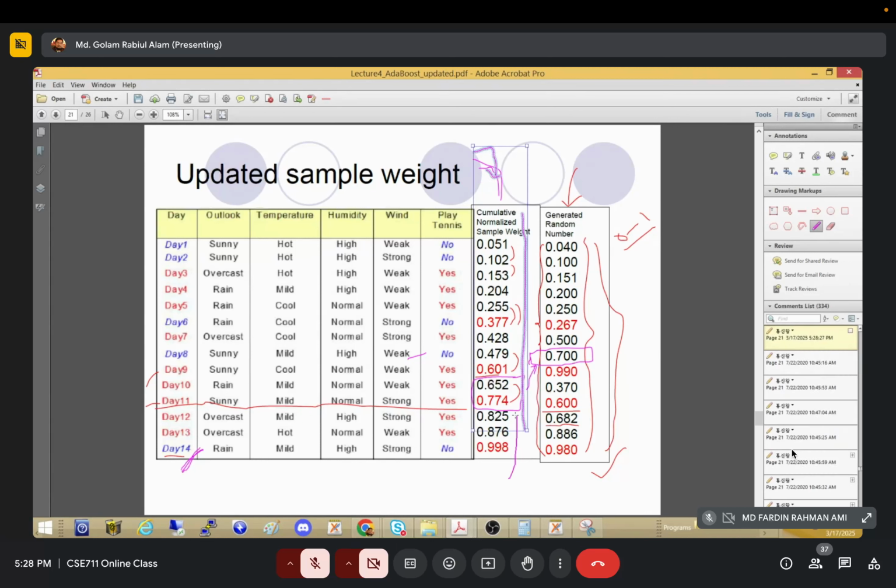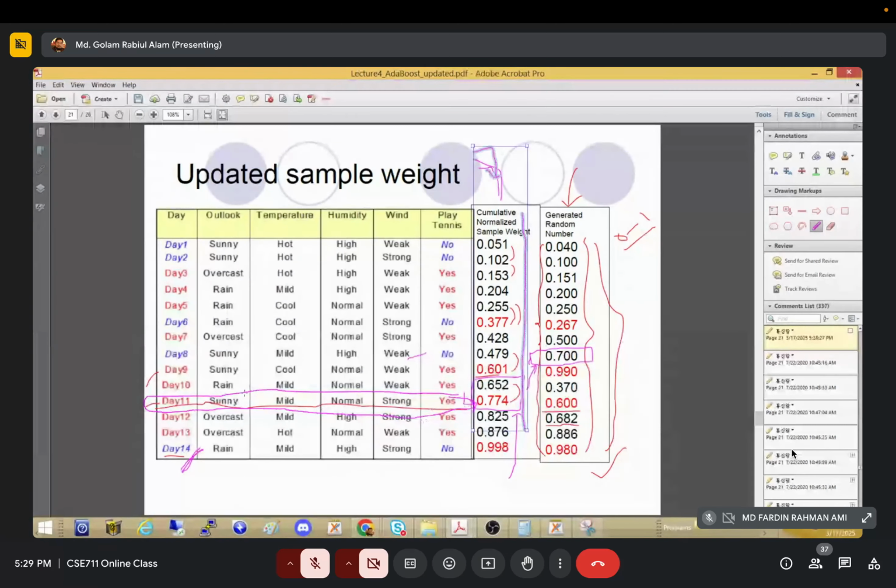So we already found this interval. And after finding the interval, we have to find the upper bound of that interval. So the upper bound is 0.774. Then we have to copy the instance that belongs to the upper bound of the interval.